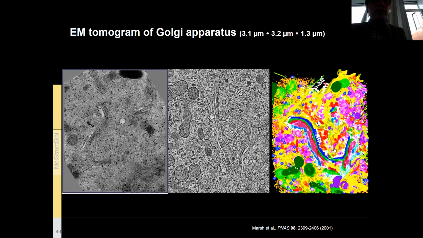So you can make pretty cool pictures and 3D reconstructions of biological objects. Please remember, that was 2001. Now this is mostly routine work in a well-equipped EM laboratory.